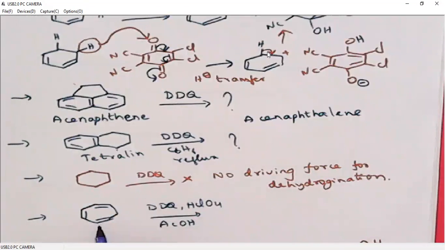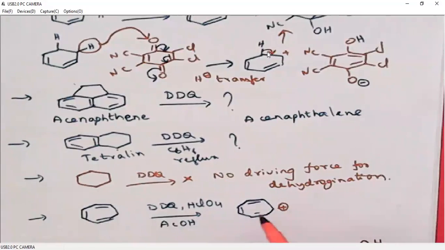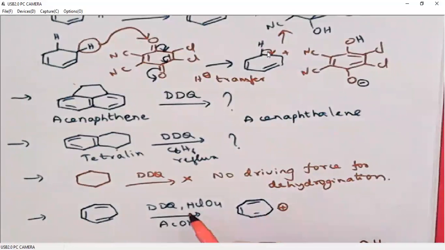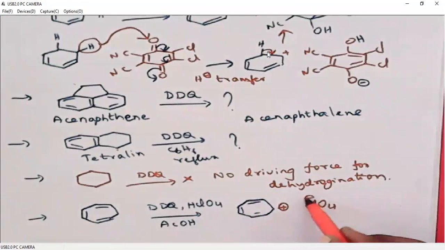When we treat cycloheptatriene with DDQ, hydride transfer takes place and it generates a carbocation here. So this is an aromatic system, right? And the opposite ion here is ClO4 minus.